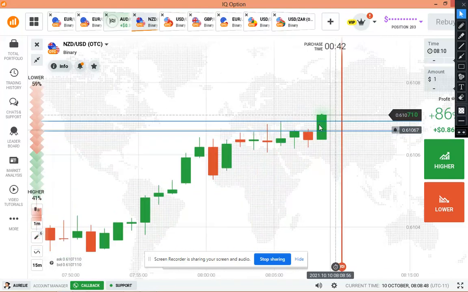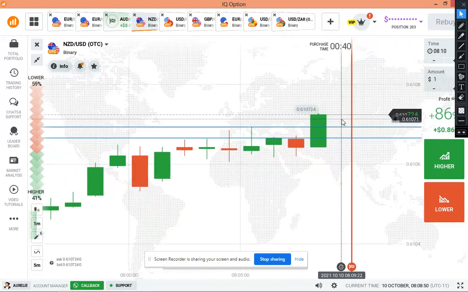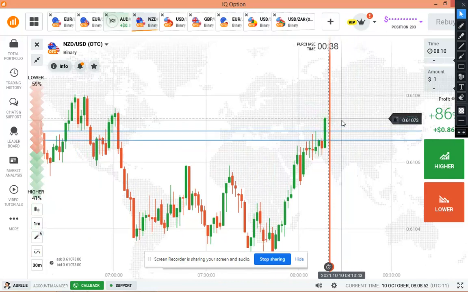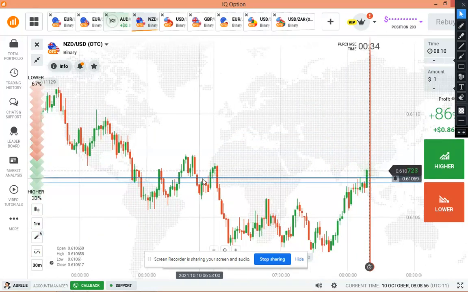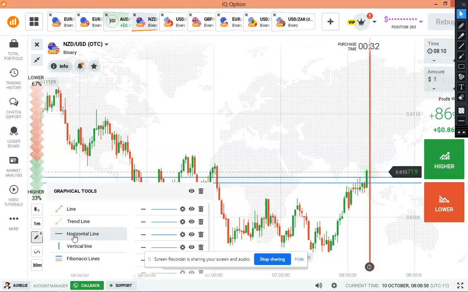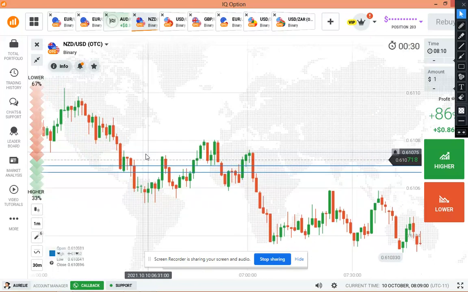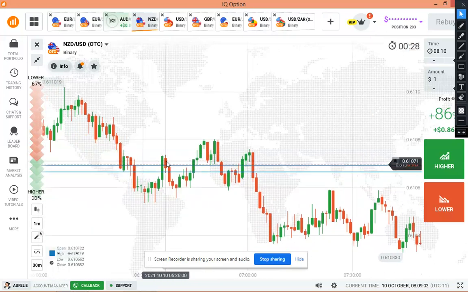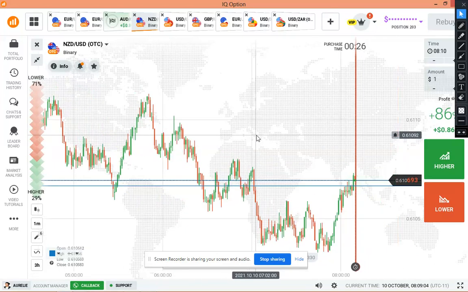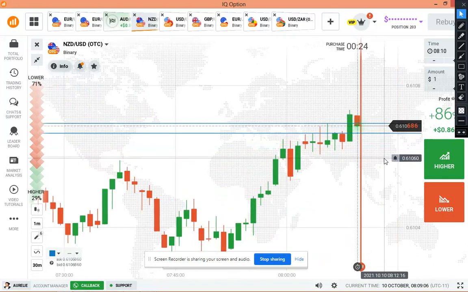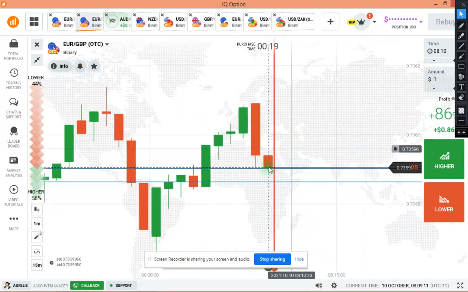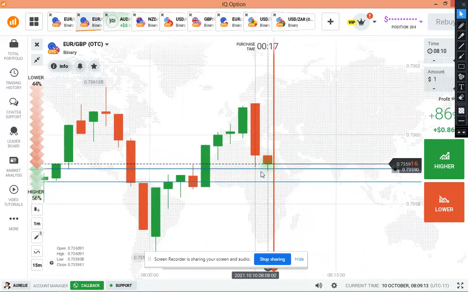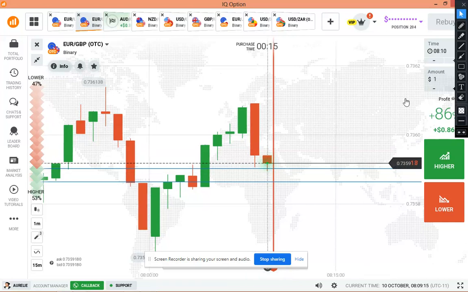The candle has already crossed it. This is another level here. Okay, I think the candle is reversing. So the price still comes back to this level, and we see some rejection.